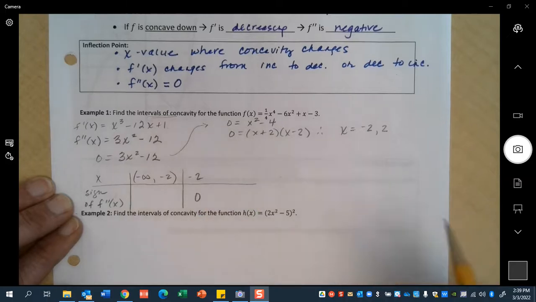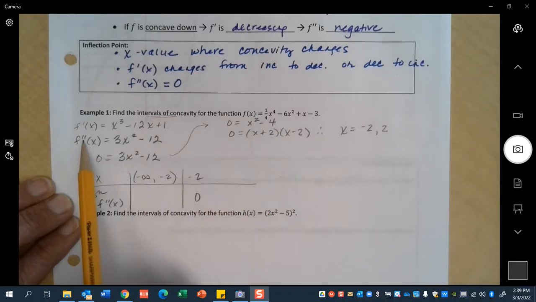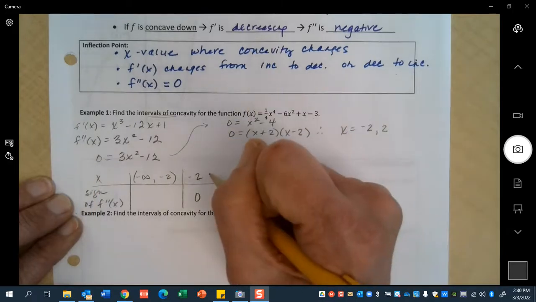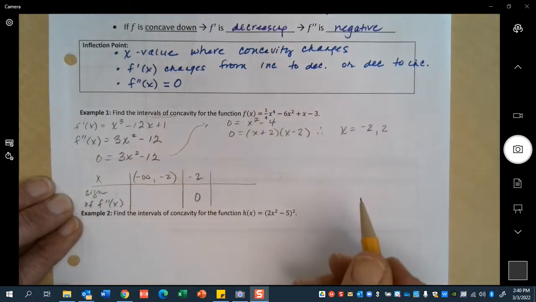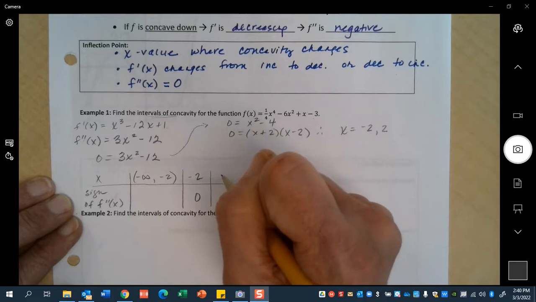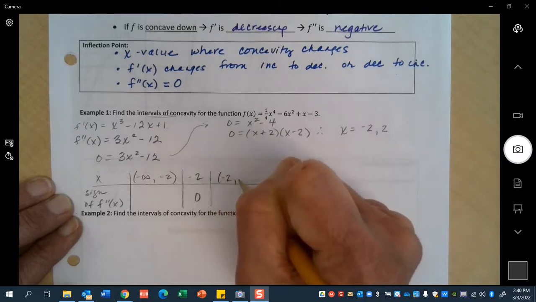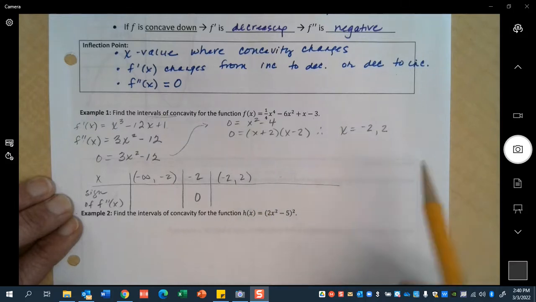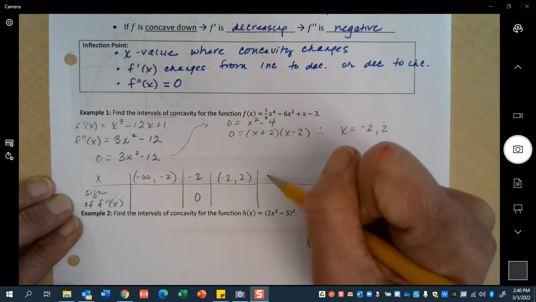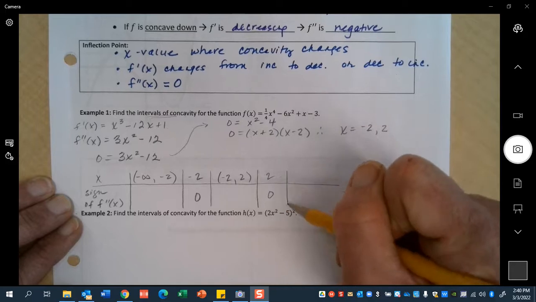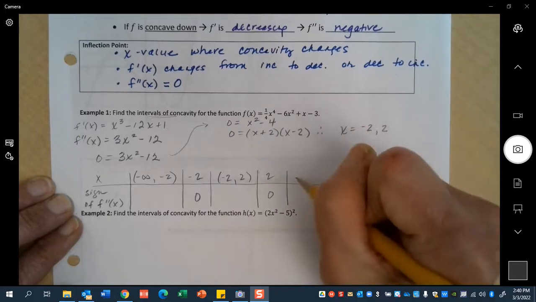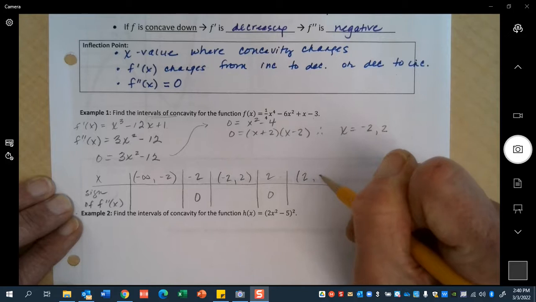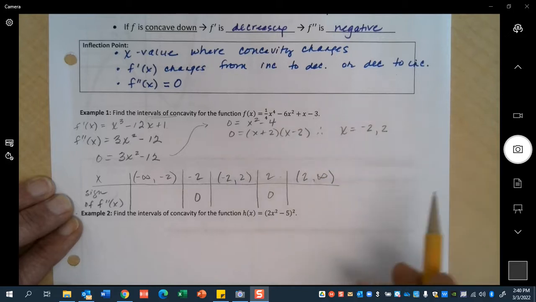I know at -2, I have an output of 0 for my second derivative, not my function, not my first derivative, my second derivative. Then I'm going to talk about the space from -2 up until my next critical point, which is 2. And then I'm going to talk about what happens after that critical point, or that point of inflection, up to infinity.